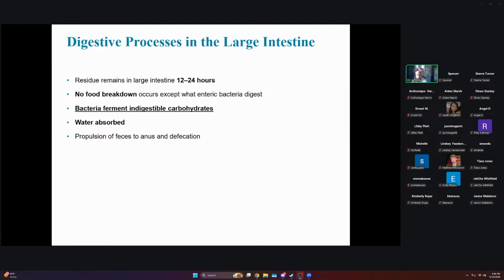Again, there's no additional food breakdown going on except what bacteria will digest, okay? And those bacteria that are released from our appendix, those microbes, and millions of bacteria exist in our colon.